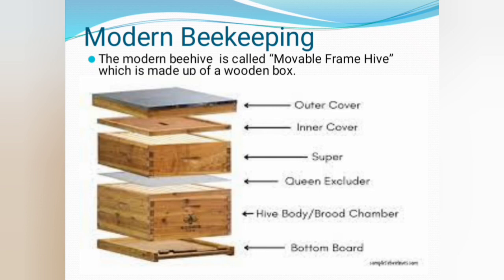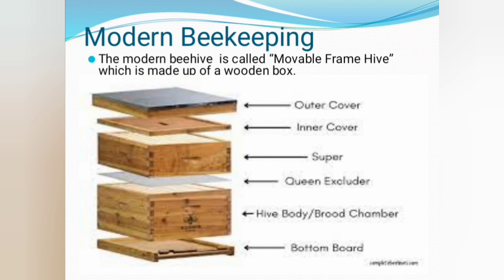The size of the queen bee is larger than the worker bee. Only worker bees can pass through the queen excluder. The queen cannot pass through it because the cell of the queen excluder is smaller than the size of the queen bee.